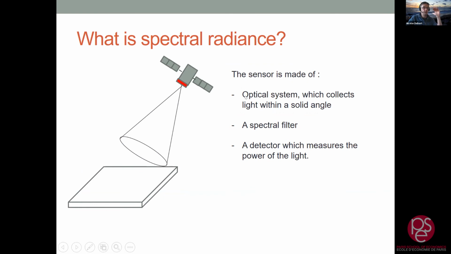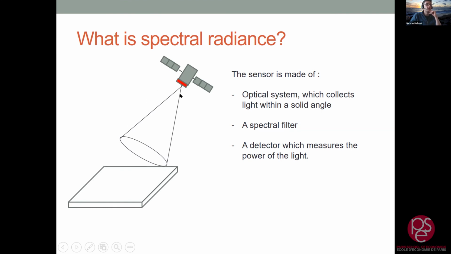So here I totally forget the fact that this sensor must do another measurement for this pixel, and all other adjacent pixels. So here the sensor is described as making a measurement for only one pixel. In order to do that, the sensor is made of one optical system, which collects the light within a certain solid angle, represented by this cone here.